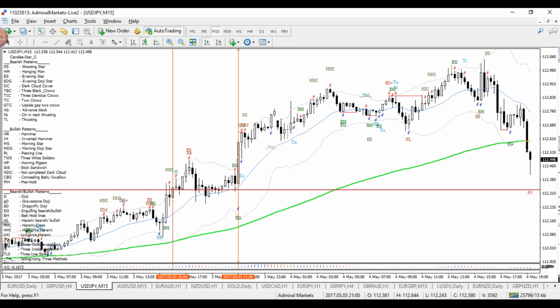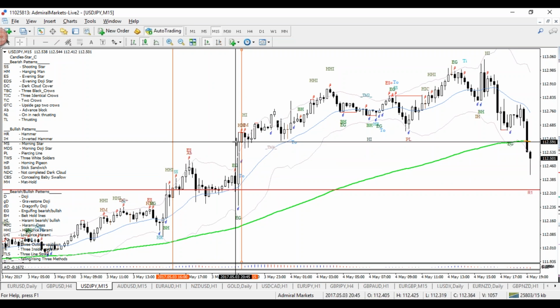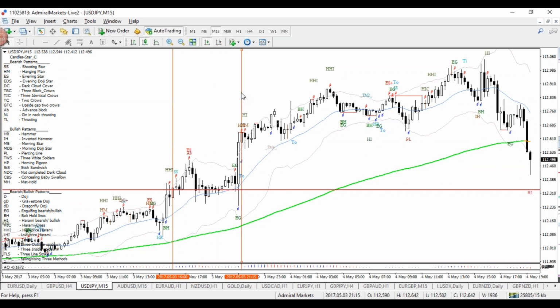So we could look for a bullish candle, for instance, after the breakout, which is actually this one, right? That could be the entry. The first bullish candlestick pattern after the second breakout here is actually this one.